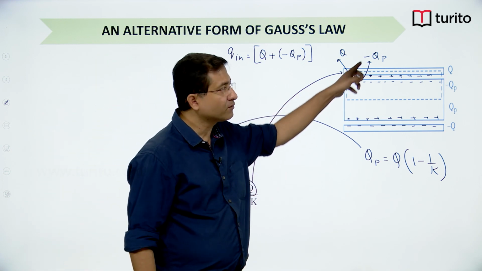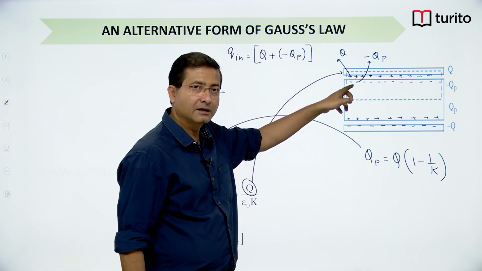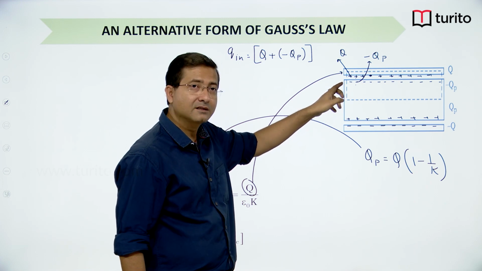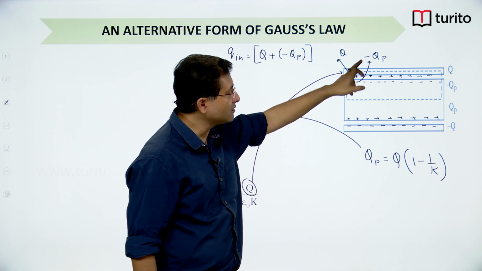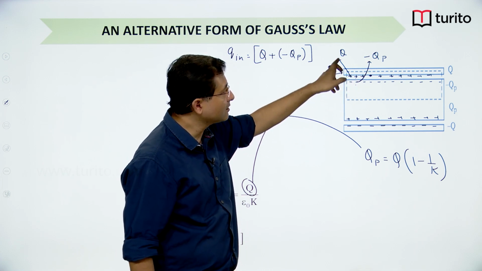This Qp is not the free charge, Qp is bound charge, it cannot move freely because it is on dielectric insulator, right. So, this charge is not moving, this is called bound charge and this is called free charge.